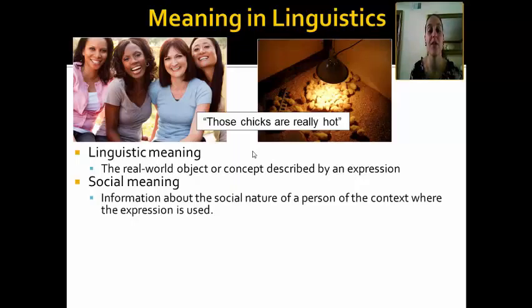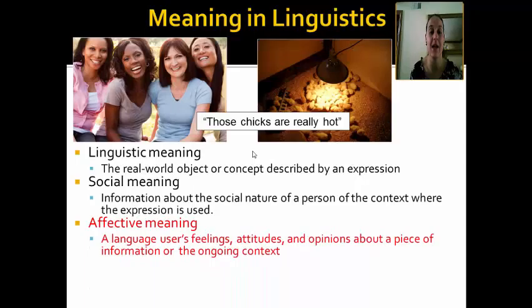Okay, so the third level of meaning that is contained in language has to do with the affective meaning. And this is basically the information that we can derive, which tells us about the person's feelings, their attitudes, or their opinions based on what they're saying and the context that they're in. So there are two different affective meanings that go along with the two different meanings of the sentence.